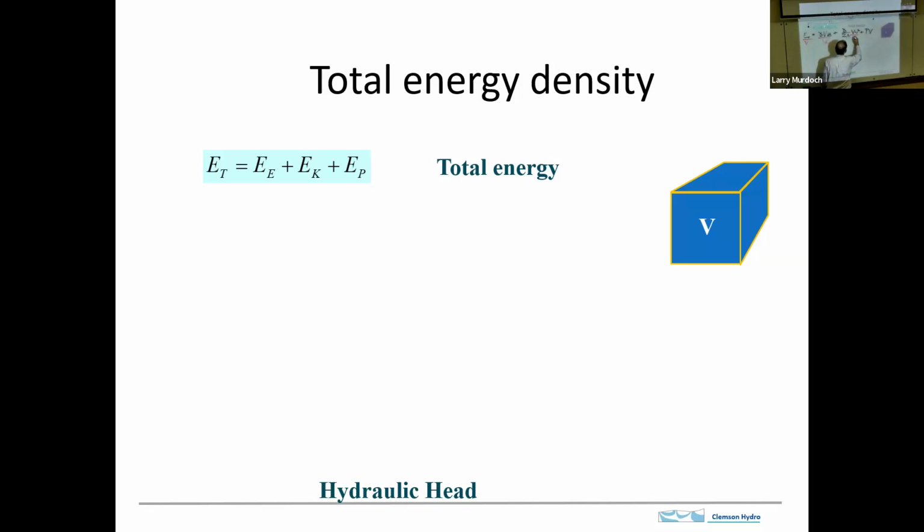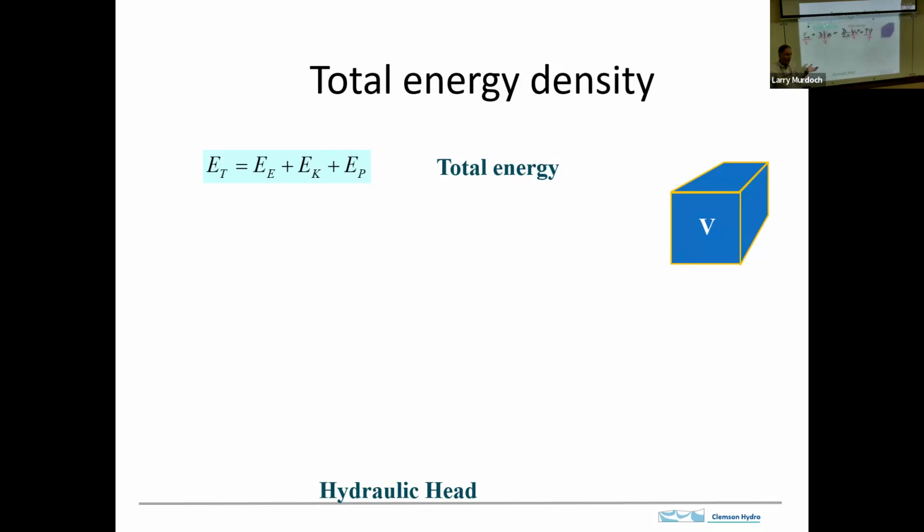And we have volumes in all of these terms, so this is just going to cancel out the volumes. Okay, so energy density, this is now something that can be variable within a body of water. And we can have flow going from high energy density to low energy density.